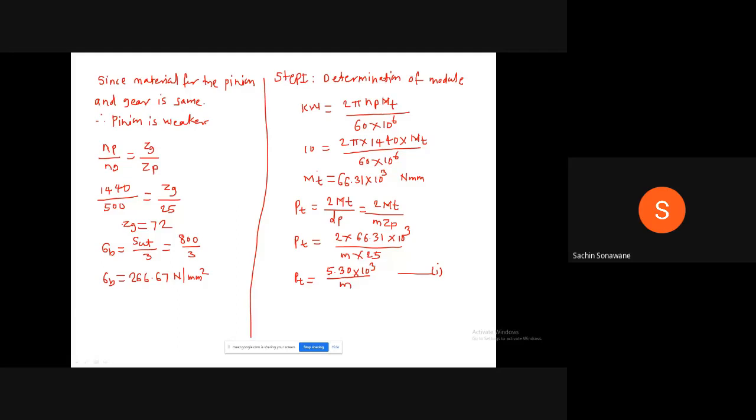Now we will calculate beam strength and wear strength in terms of module. Now next is beam strength.